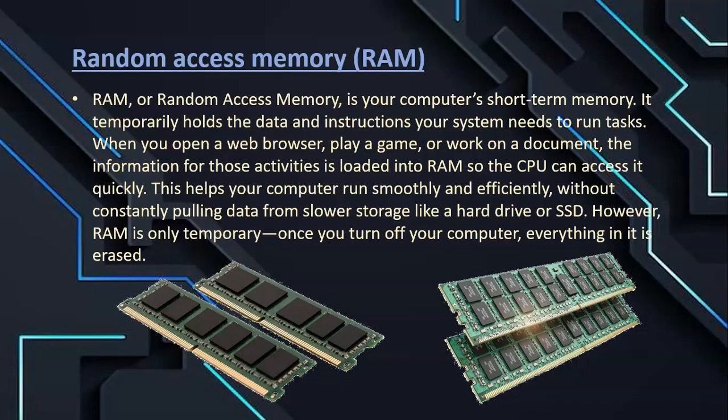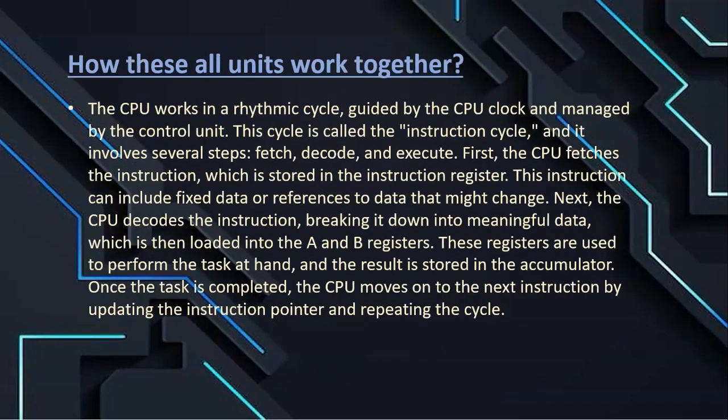This helps your computer run smoothly and efficiently without constantly pulling data from slower storage like a hard drive or SSD. However, RAM is only temporary. Once you turn off your computer, everything in it is erased.